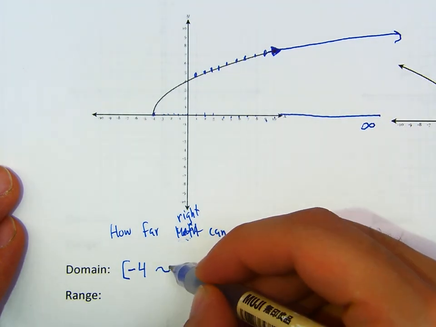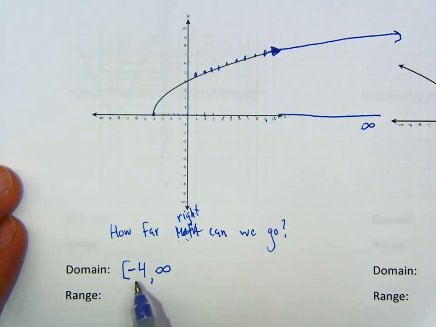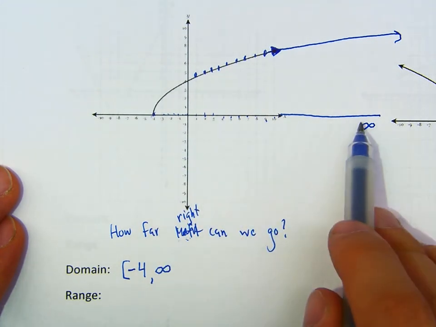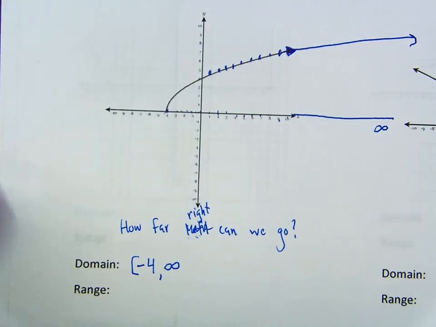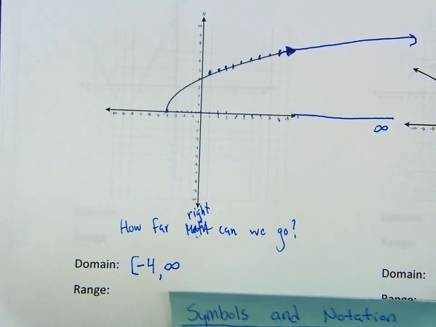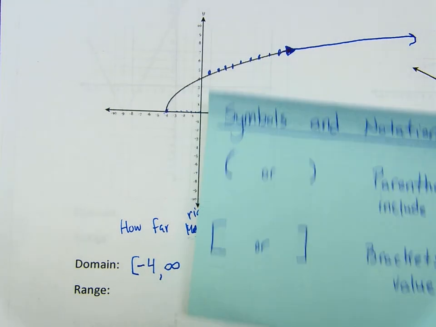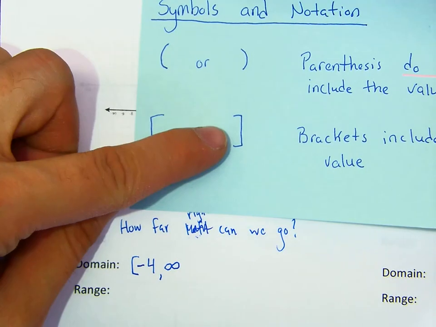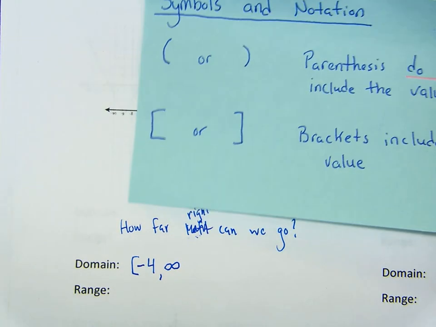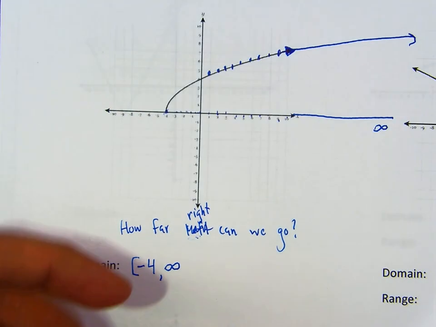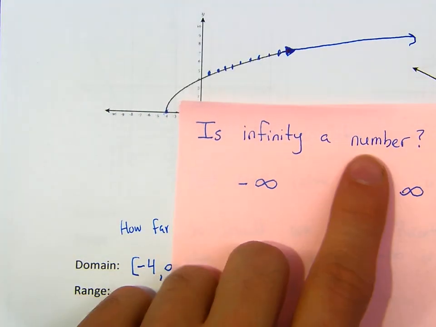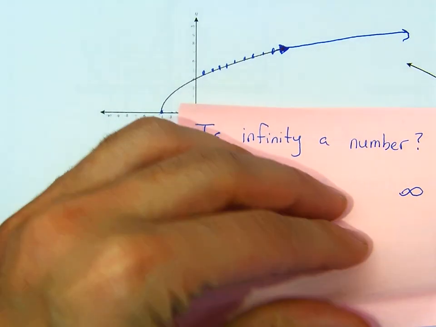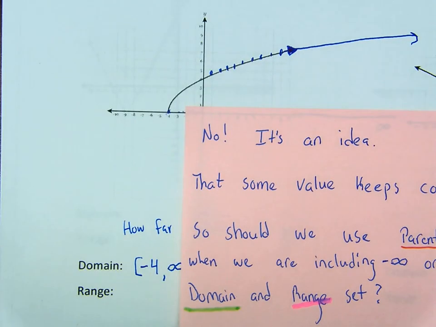So when we put in infinity here, we put the comma, right? Because we have everything between -4 and infinity. But the question we have to ask is, are we going to put parentheses or bracket over here? Well, the question we need to ask is, is infinity a number? And the idea is infinity is not a number.